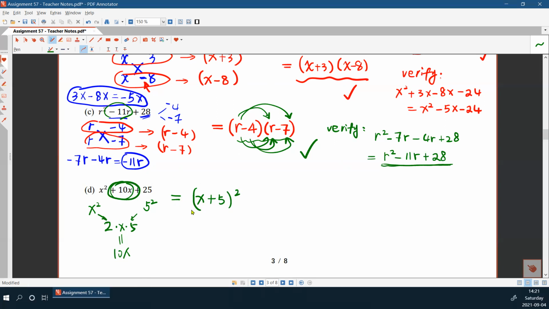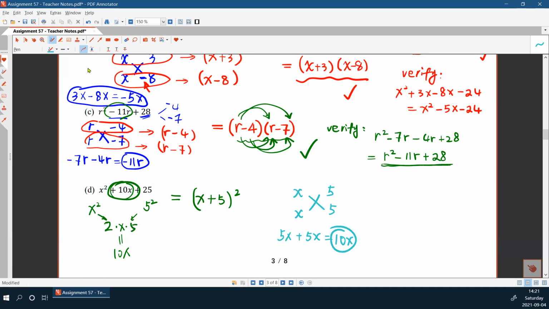Also, you can use the trial and error method. So if we use the trial and error method, you can see that x squared can be factored to x and x, and 25 can be factored to 5 by 5, right? So by cross multiplication, we will get 5x plus 5x, which is 10x, right? And this one is exactly the term in the middle.